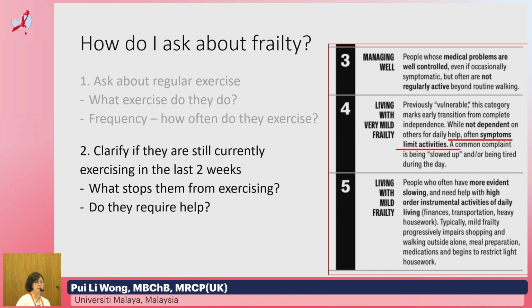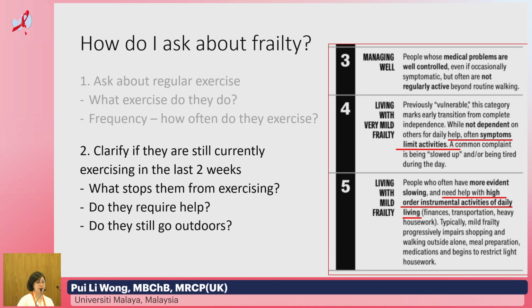And if you ask them a little bit more, oh, you stopped exercising, these are your reasons, do you need any help with anything? And if they do, with higher order instrumental activities of daily living, like finances, transportation, or heavier housework, although I know that housework bit is subjective, then they go into very mild frailty. And you can also ask them, you need help, but do you still go out? So whether they still go outdoors.